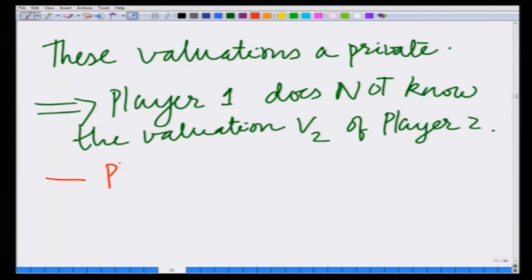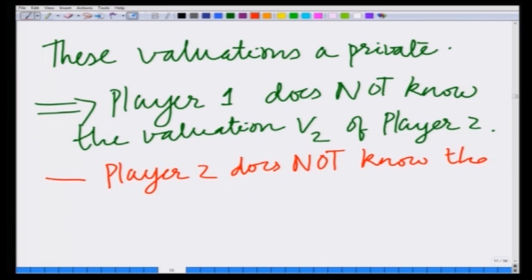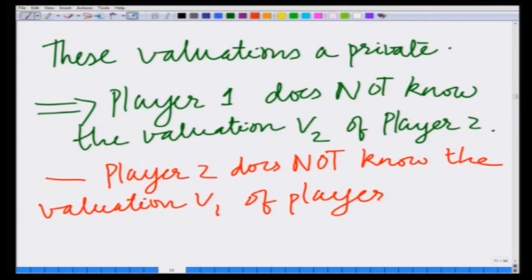Further, player 2 does not know the valuation V1 of player 1. So, each player does not know the valuation of the other. Player 1 does not know V2, and player 2 does not know V1. Therefore, these are known as private valuations.